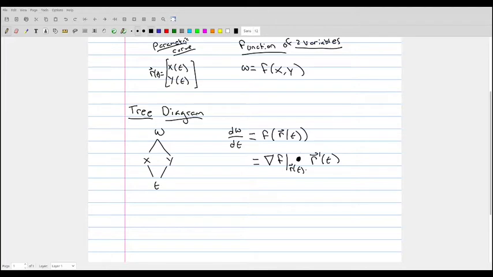And this expression gives us exactly the derivative along the curve, tangent to the curve. As for a picture, we can think of having an x-axis and y-axis. You have some curve, and points on the curve are given by r of t.